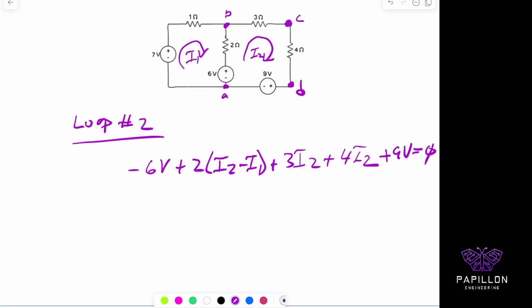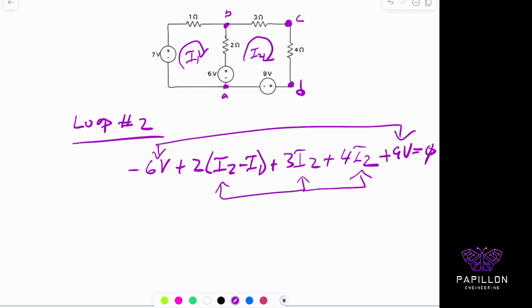So to simplify it again, and hopefully I don't make any algebra mistakes, but I have several I2s now. So here are the 3 I2s, and of course I have my voltages here, so I keep track of all that.